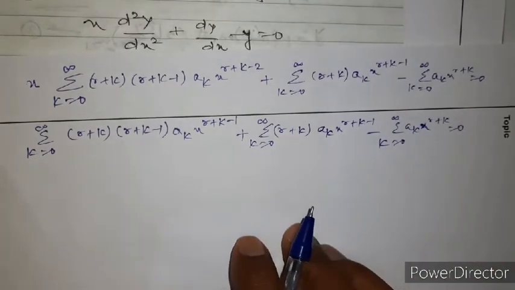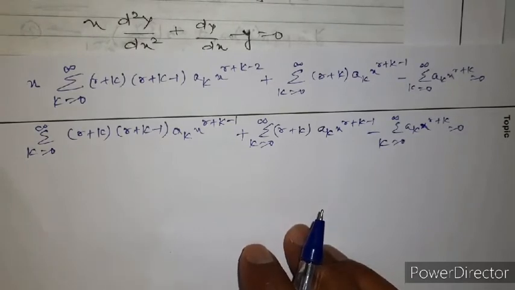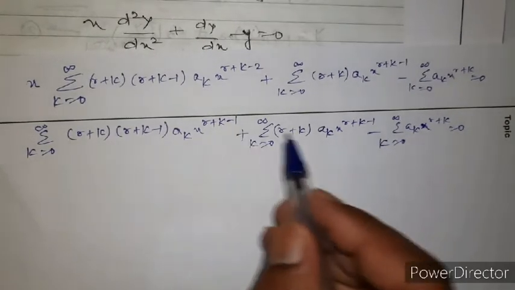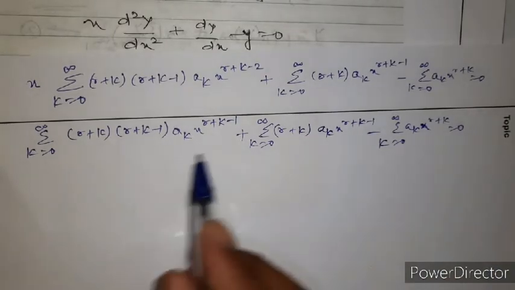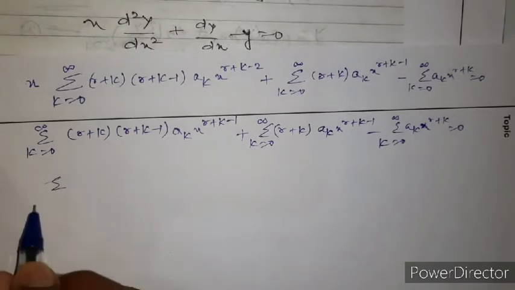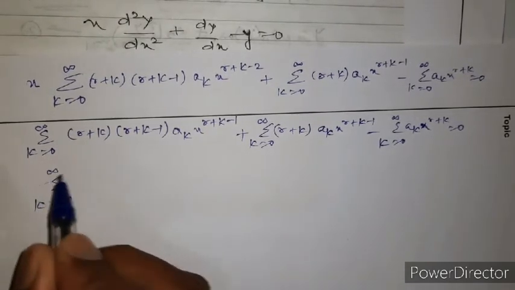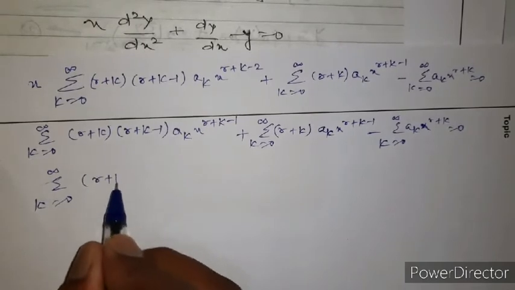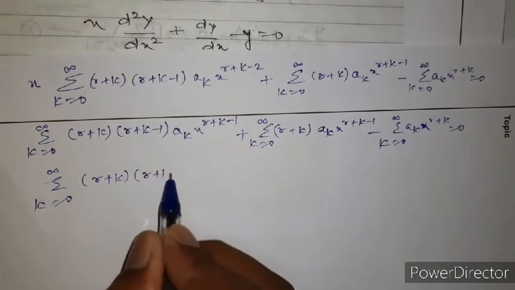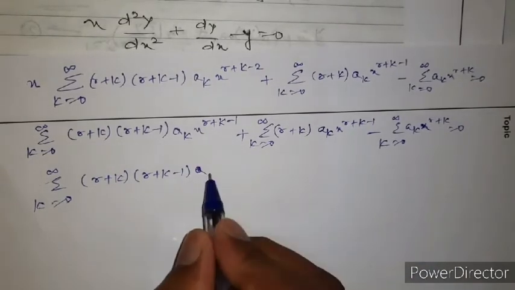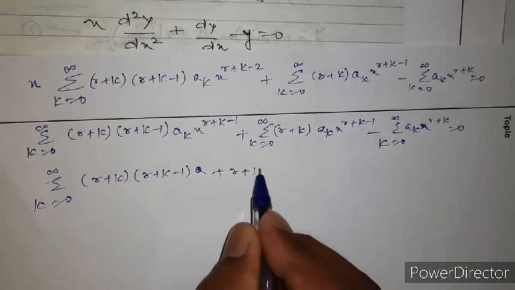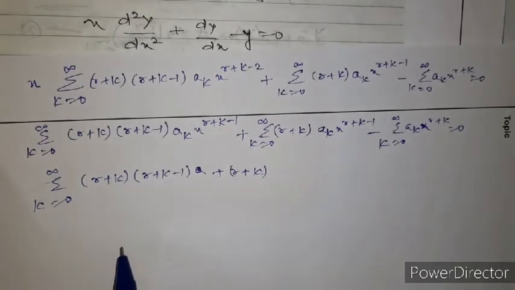Now you can combine the similar coefficient terms. Here x raised to r plus k minus 1 term is there, so you can combine, or you may directly write down by taking k equal to 0, the lowest degree term. Now here I just extend one step, I combine the first two terms. So what I get here: k equal to 0 to infinity, first term is (r plus k)(r plus k minus 1) a_k, I take a_k outside, plus the second term (r plus k) a_k, am I right?